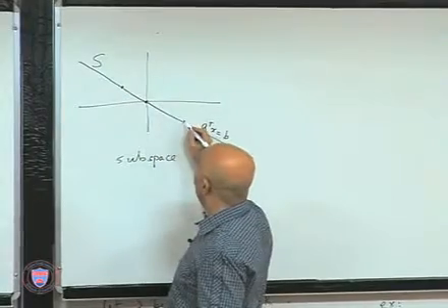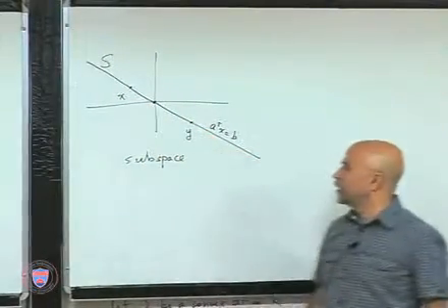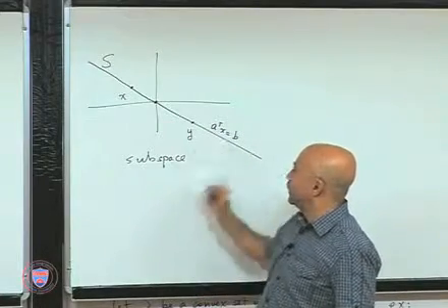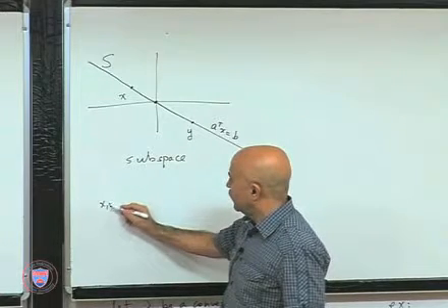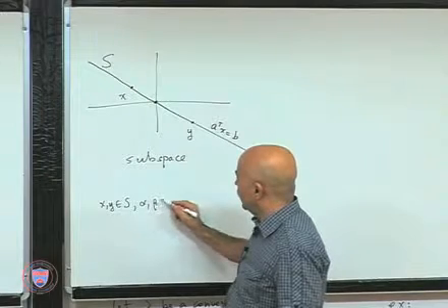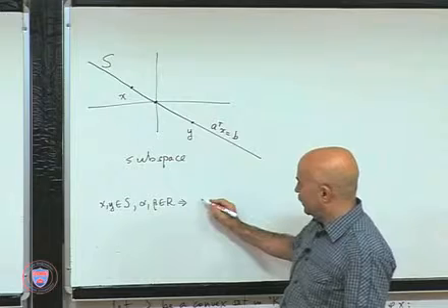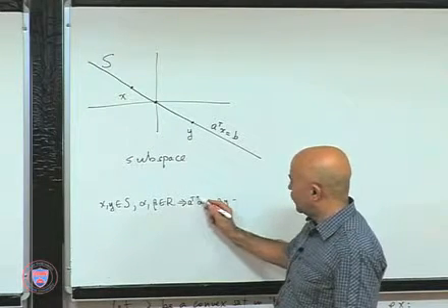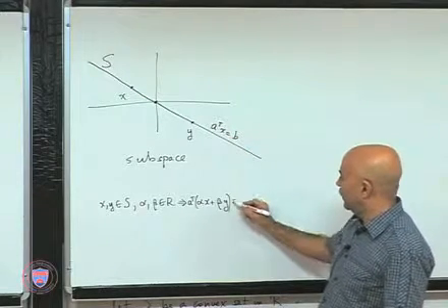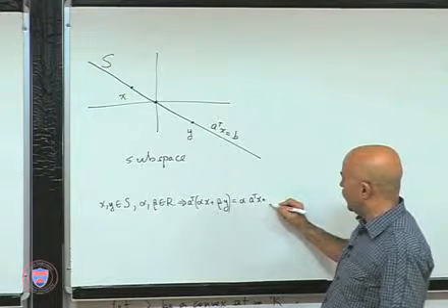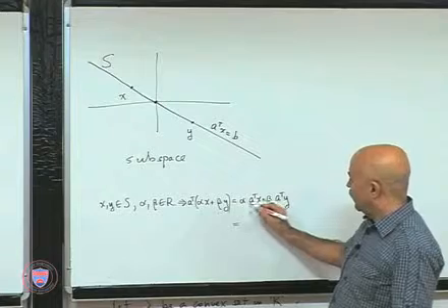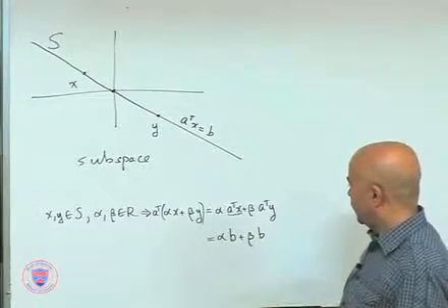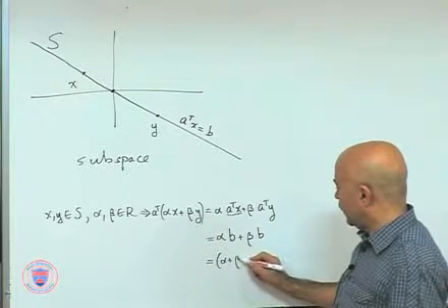Because if you pick any two points on the hyperplane, multiply them with any scalars, take the linear combination, you will definitely have equality again, because x, y in S, alpha, beta real imply that A transpose times alpha x plus beta y equals alpha times A transpose X plus beta times A transpose Y. Well, A transpose X equals B, this B. So what is this? Alpha plus beta times B.